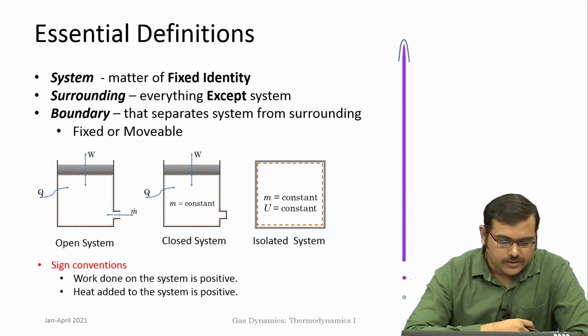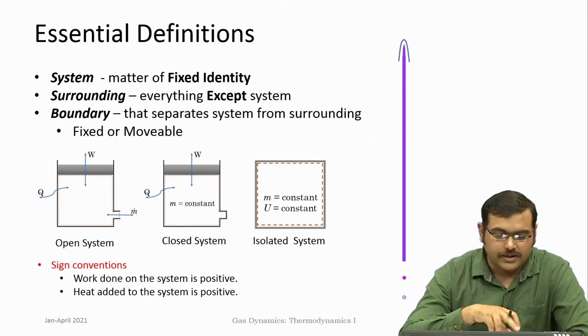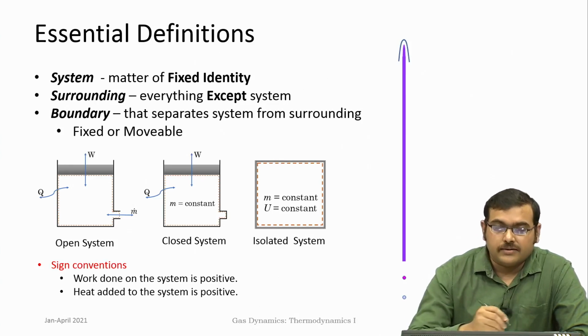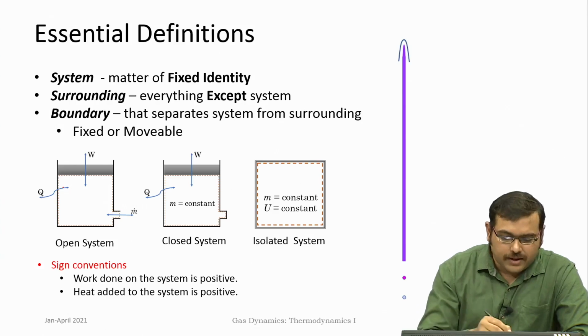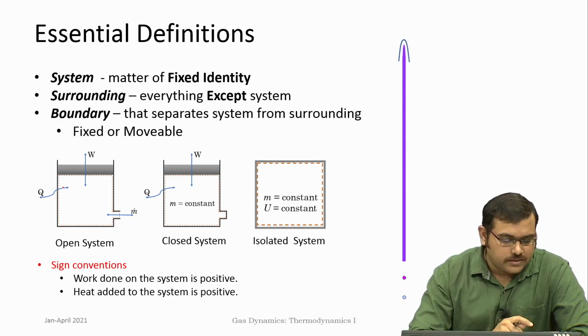A system is just the matter that is being considered for analysis, and everything other than that is the surrounding, and you can specify a boundary between the system and the surrounding. There are different kinds of systems.